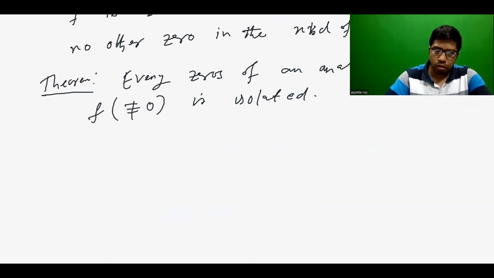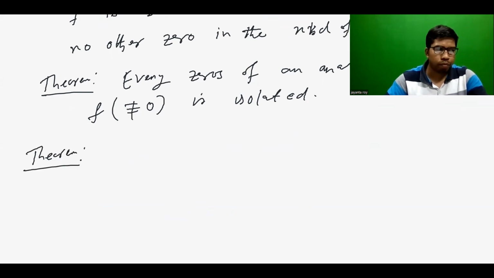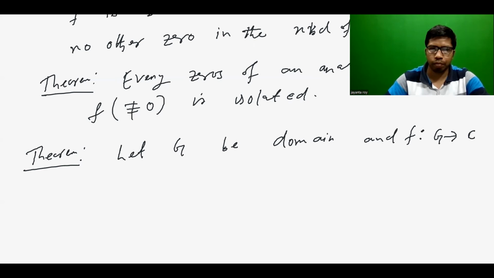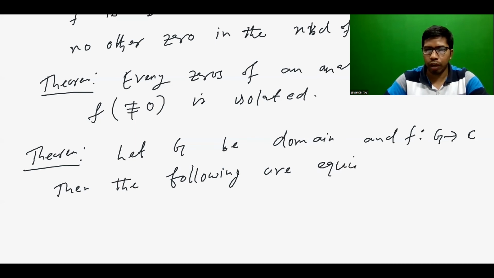This theorem states that let G be a connected open set, that is, let G be a domain, and f is a function from G to C, then the following are equivalent.